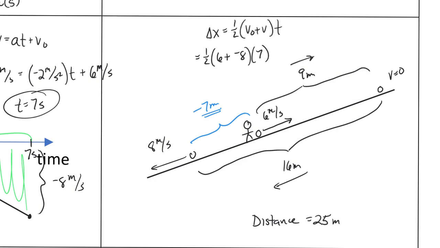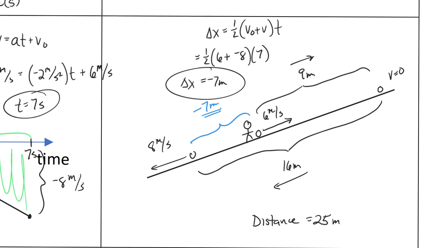You see where I got all those things from? 6 minus 8 is -2, half of -2 is -1, -1 times 7 is -7. The displacement formula gives you displacement, it does not give you distance. And if you find the displacement over the entire interval, you get the total displacement. Always know what it's providing you.